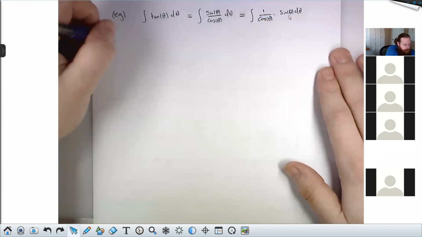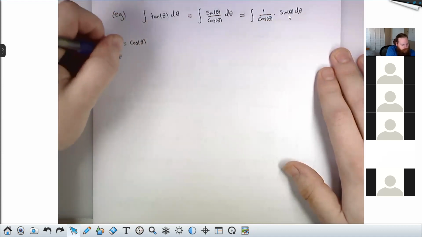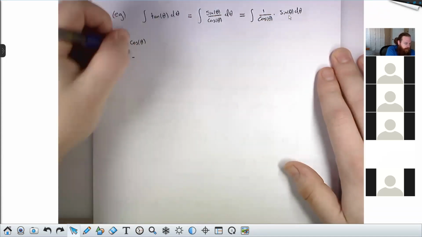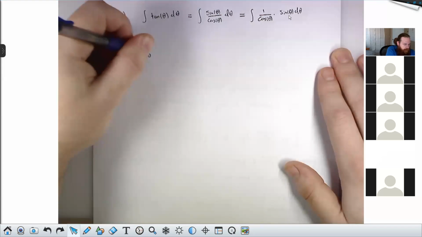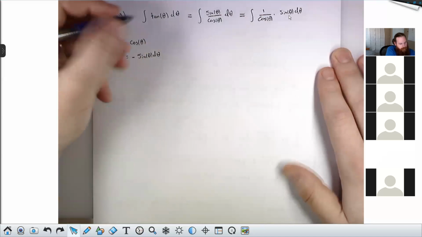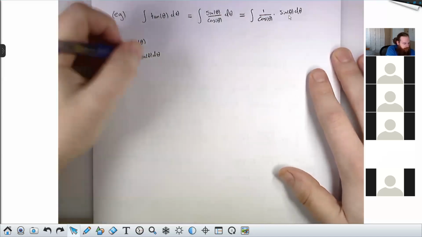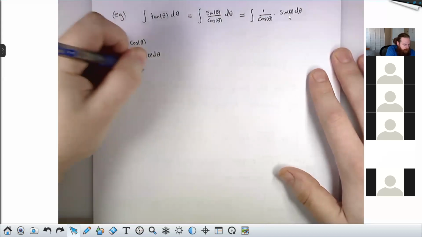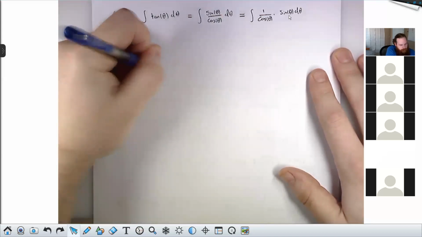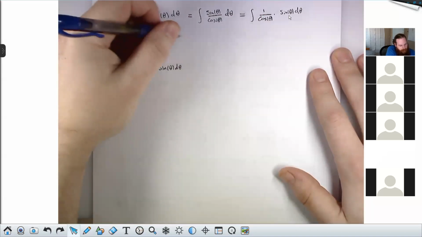So let's try the substitution u equals cos theta. Then du d theta would be negative sine theta. So du is negative sine theta d theta. And if you multiply both sides by -1, you get -1 times du is equal to sine theta d theta.